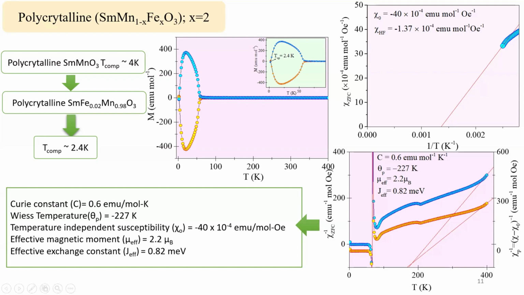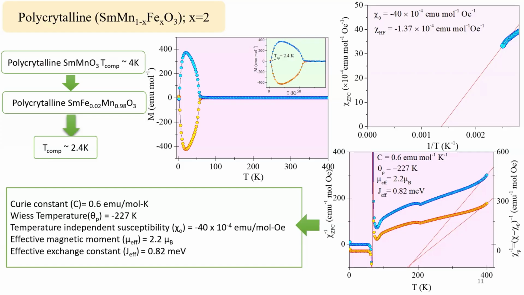We get a temperature independent susceptibility of around minus 40 into 10 to the power minus 4 EMU per mole per Oersted, and the theoretical value is around minus 1.37 into 10 to the power minus 4 EMU per mole per Oersted.